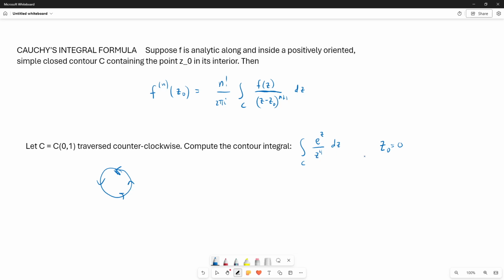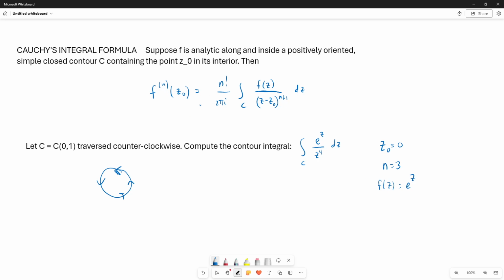So the something that's being subtracted appears to be 0. And then that power, n plus 1, is 4, so n is 3. And then the function f of z is the e to the z in the numerator here.